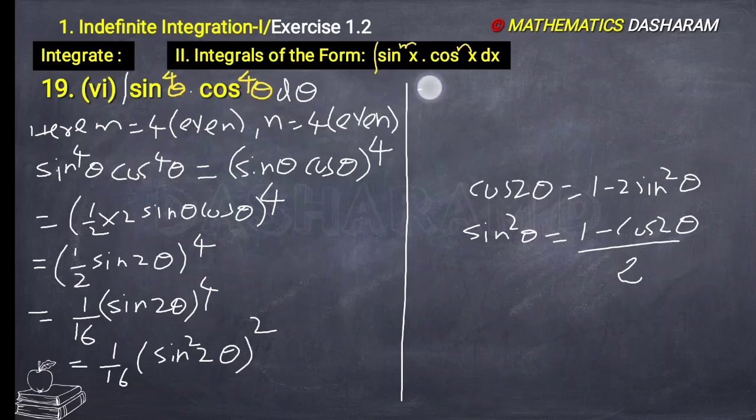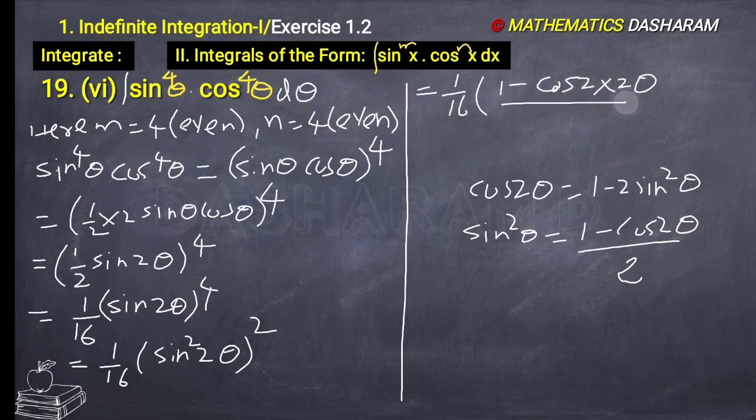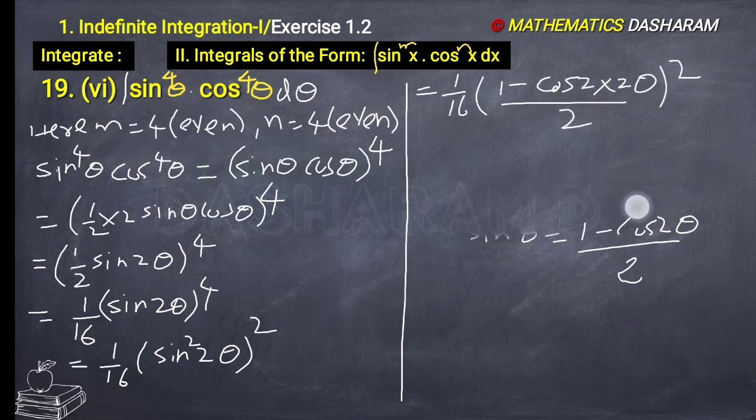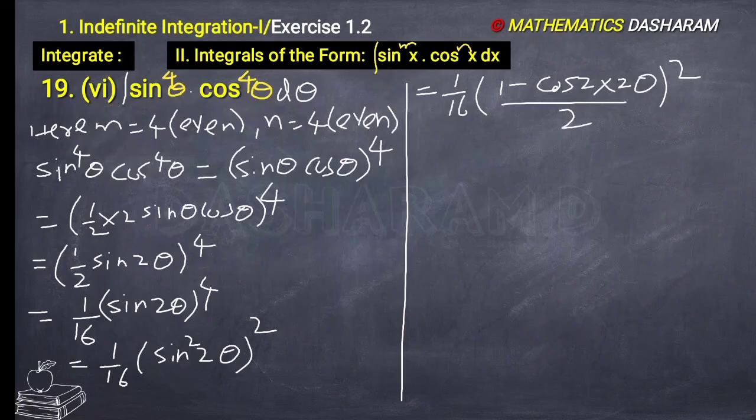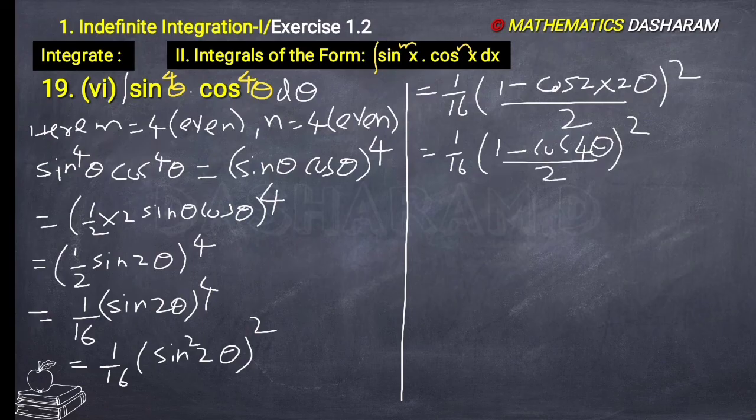So then what will happen here? 1 by 16 into 1 minus cos 2 into 2 theta divided by 2 whole square. So let's simplify this. It is equal to 1 by 16, 1 minus cos 4 theta whole square by 2.